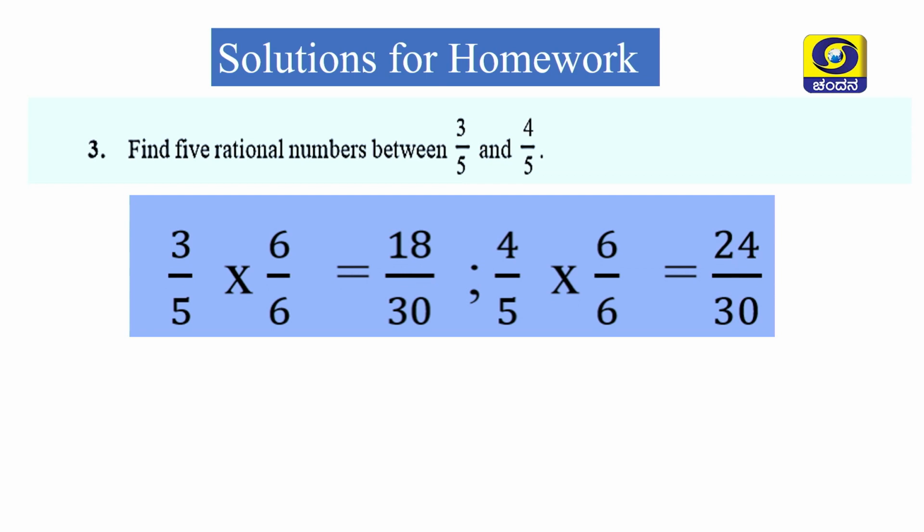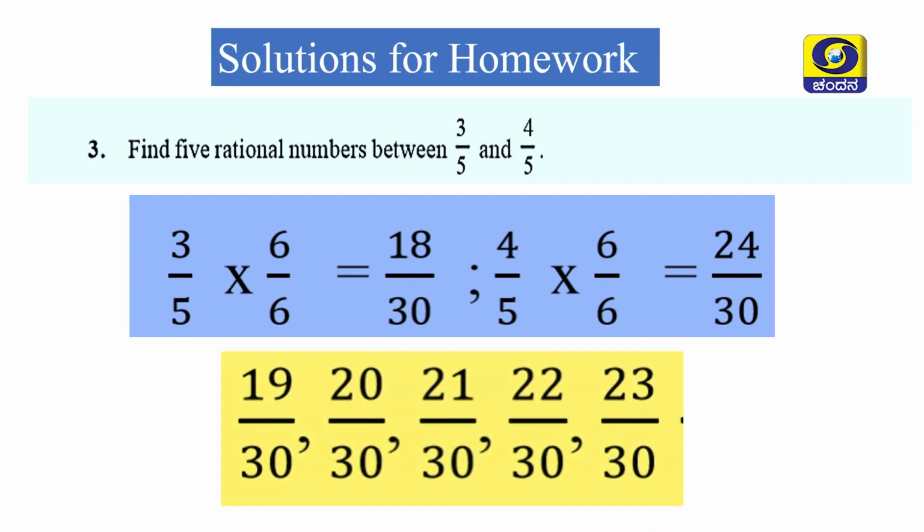The 5 rational numbers between 18 by 30 and 24 by 30 are 19 by 30, 20 by 30, 21 by 30, 22 by 30, 23 by 30. See, these are all the 5 rational numbers between 3 by 5 and 4 by 5.